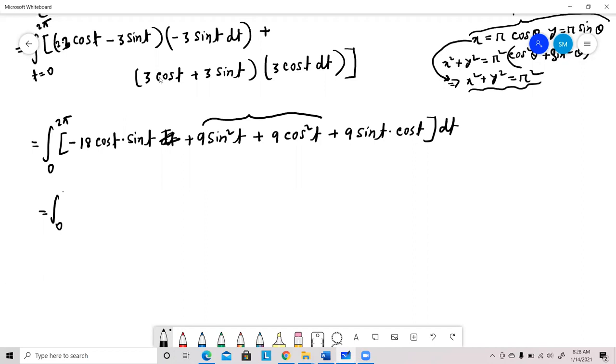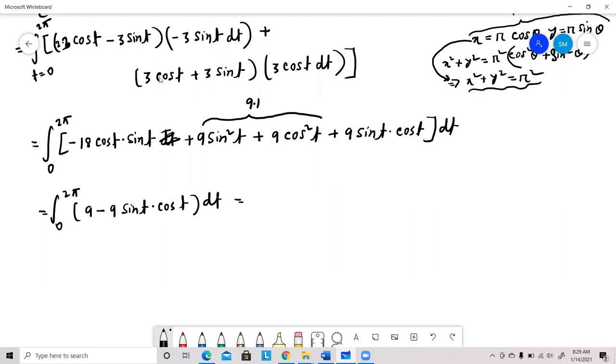The first and last terms both carry sin t cos t, so minus 18 plus 9 means minus 9. So from this term it will be 9 into 1, that means 9, and from the first and last terms we get minus 9 sin t cos t, and it will be dt. Okay.